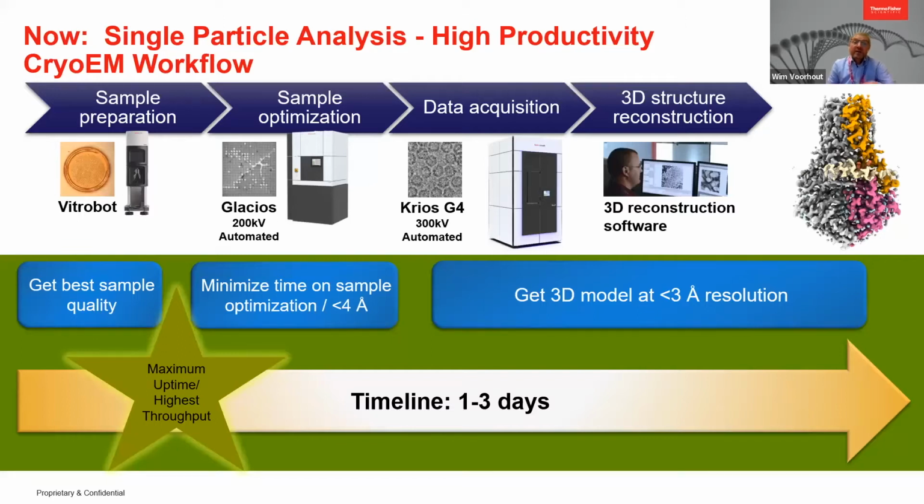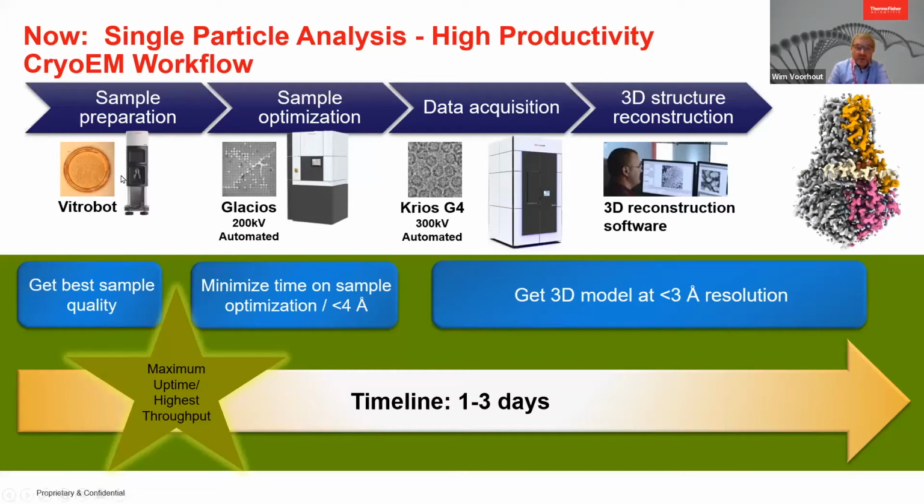Now, if you look at the workflow of cryo-electron microscopy, of course it always starts with the sample preparation. For single particle, that means that you need to isolate your proteins or macromolecular machines out of their cellular context, get them in solution, and then in order to visualize them at high resolution, we need to vitrify them.